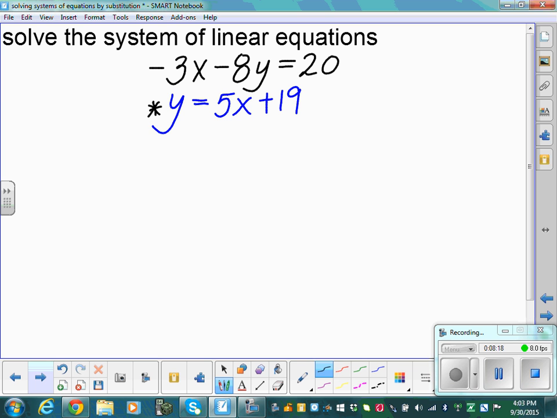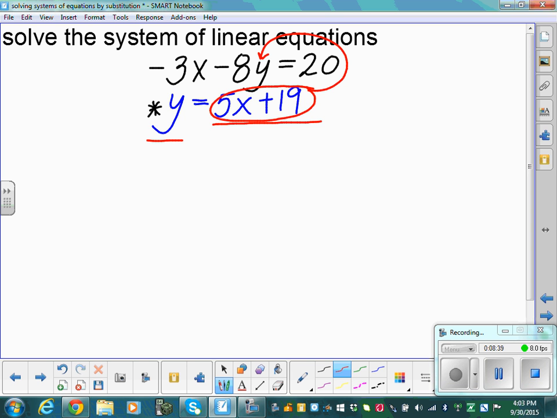So now we can take that. We don't even have to solve for a variable. It's already isolated. So we can take that y and substitute it into the other equation wherever there's a y. Since we were given y is equal to this, we'll substitute that piece in wherever there's a y into the other equation.